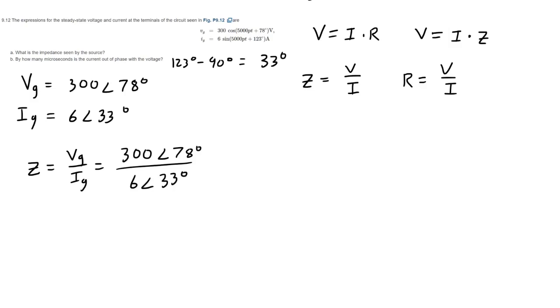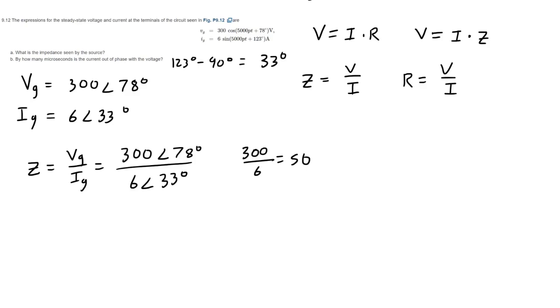When we do this ratio, you may be confused: what do we do with the angles? I know how to do a ratio of whole numbers. Well, it's really simple. 300 divided by 6 is 50. And you take the phase of the numerator minus the phase of the denominator.